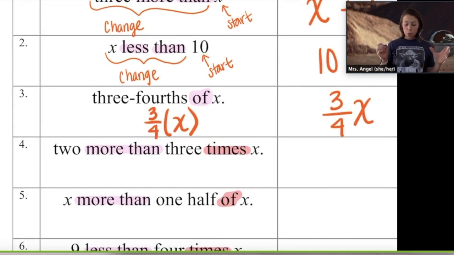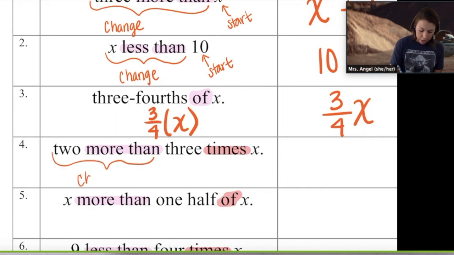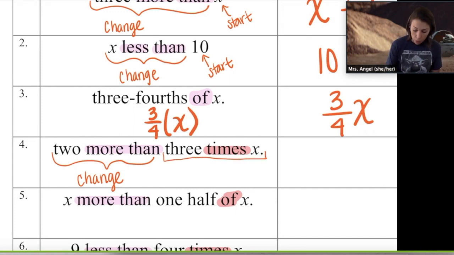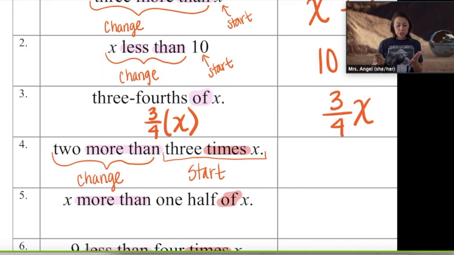Last one we do together, because now we're going to start mixing and matching. Okay, 2 more than 3 times x. Let's break this down. Well, we know what "2 more than" means. "More than" means a change. So this is a change. 2 more than something. So we're going to be adding 2 onto something. What's our starting value? Well, our starting value is this whole expression. We're adding on 2 to the expression 3 times x.